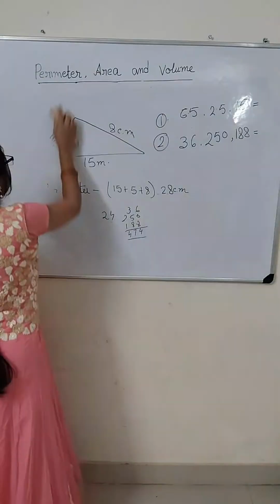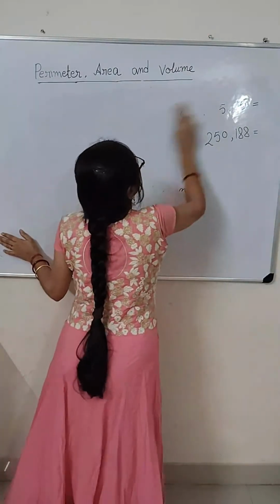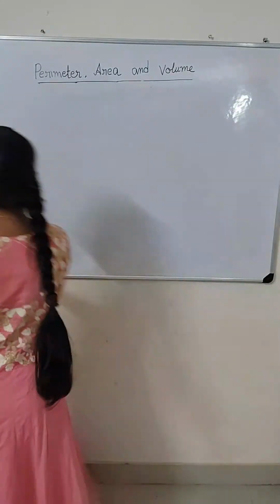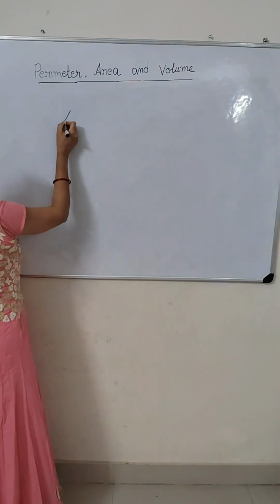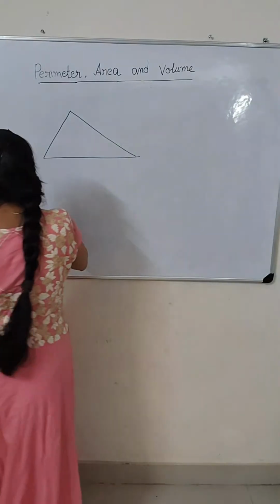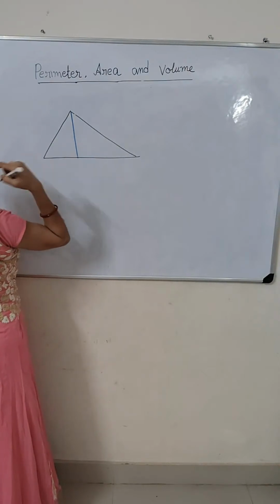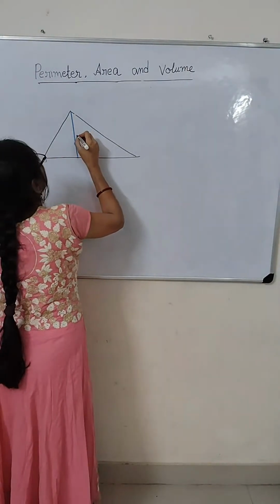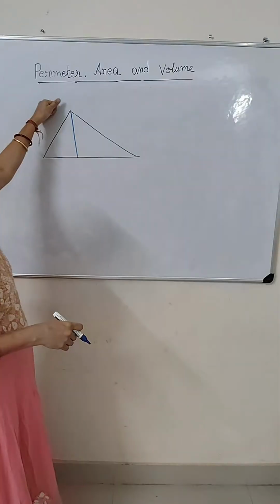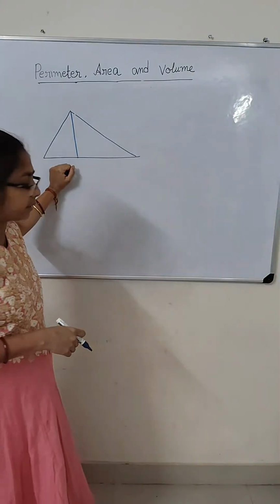Now I go to the area of the triangle. In the triangle, if you draw any straight line from the vertex to the opposite base, it is called the height.